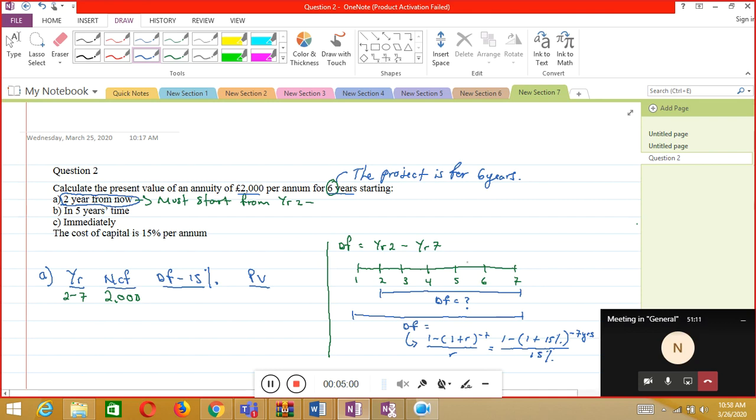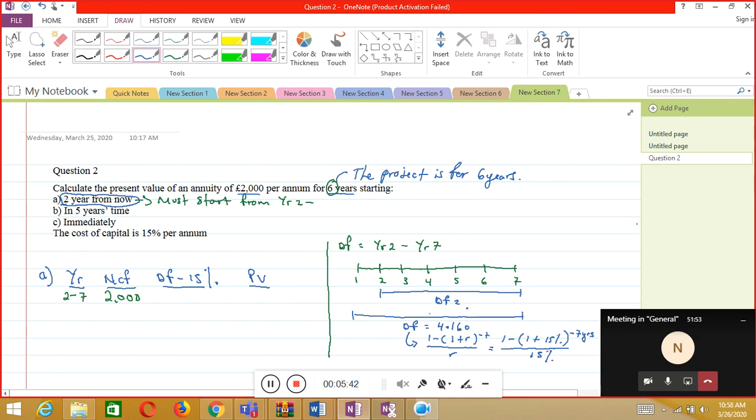You should be able to get 4.160. So that's from year 1 to year 7.